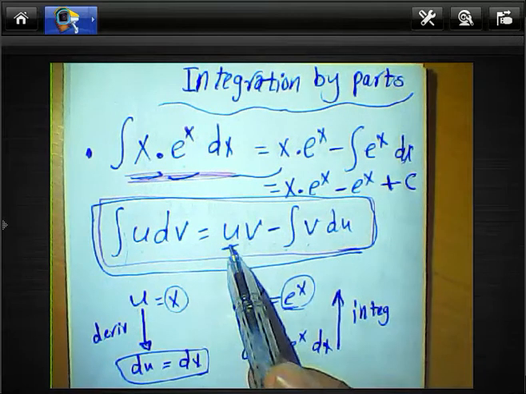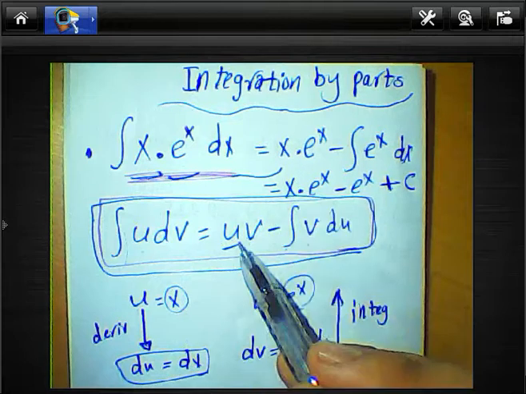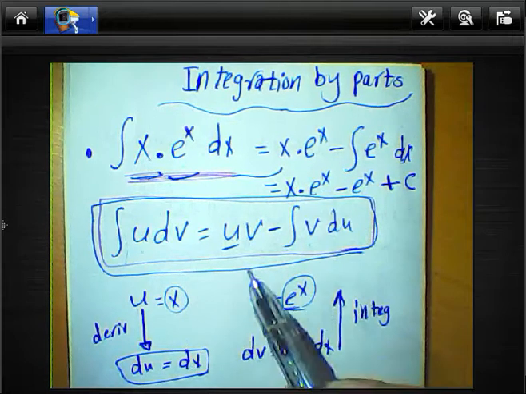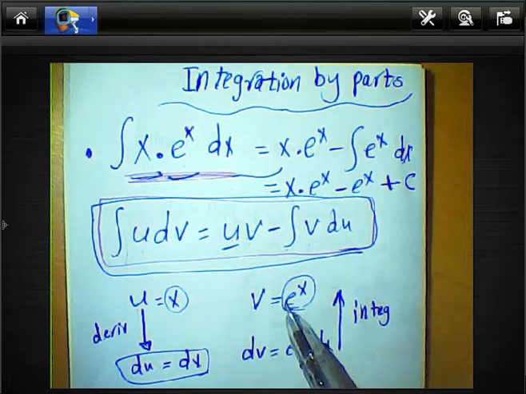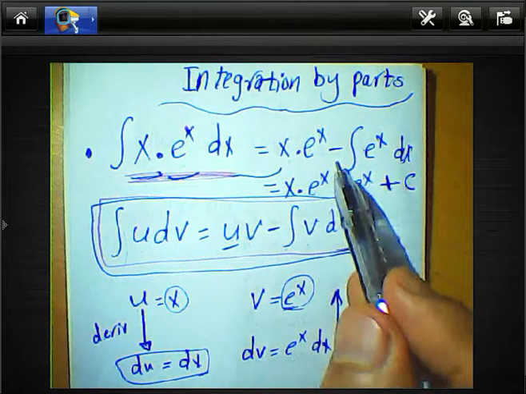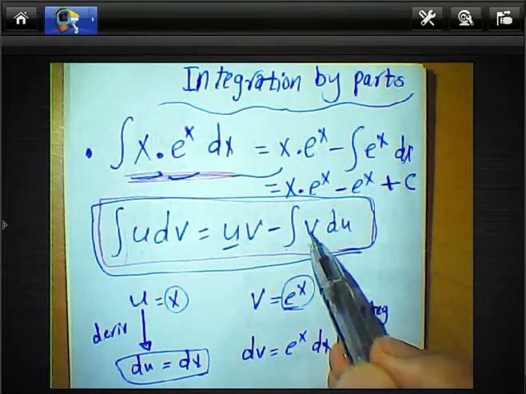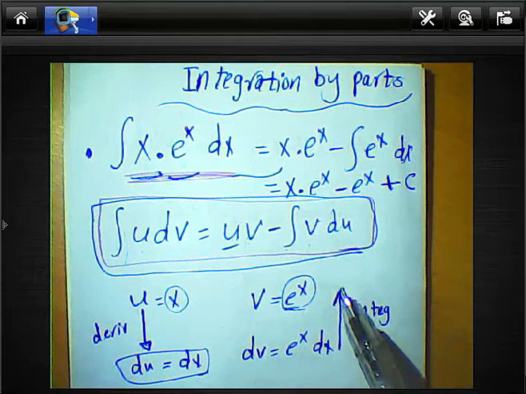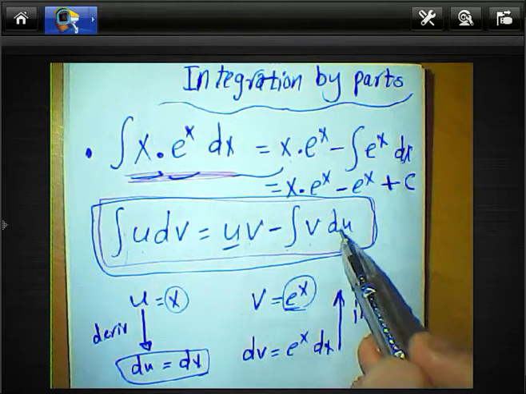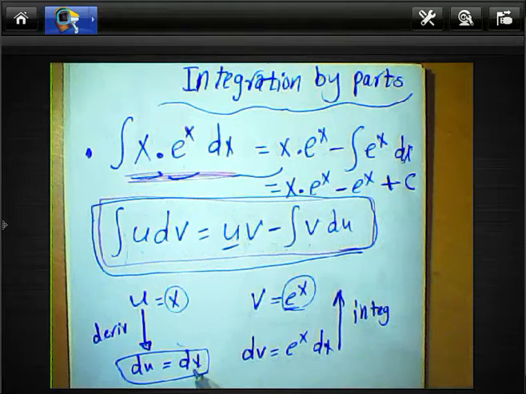We can write u here as x. Look, u will be x, and multiply v equal e power x. Here subtract the integration of v, called e power x, multiply by du equal dx.